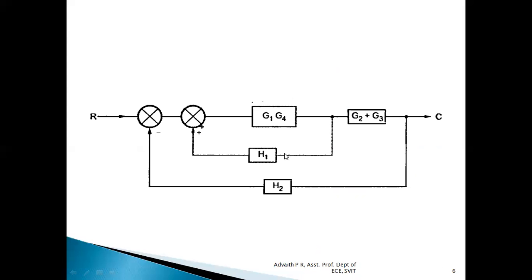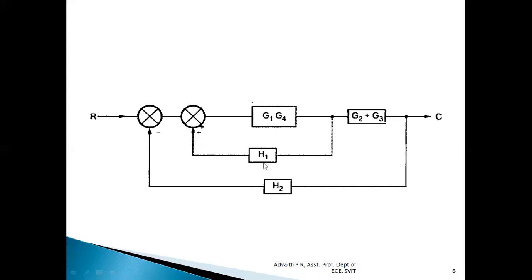If we clearly observe, we have a canonical form of control system over here, or a minor loop is generated. A canonical form of control system, or simple form, is a control system where we have one summing point, one takeoff point, one block in our forward path, and one block in our feedback path.